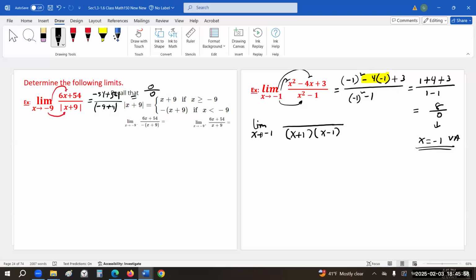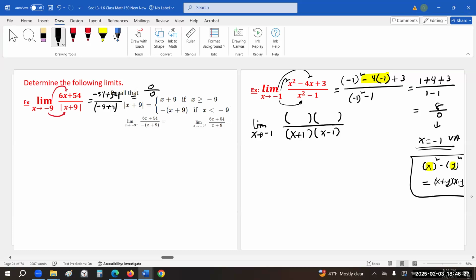If you forgot your difference of squares, x squared minus y squared is: take the bases only, add them, subtract them. So x plus y, x minus y. In our case, it's not y, it's 1. So x plus 1, x minus 1.